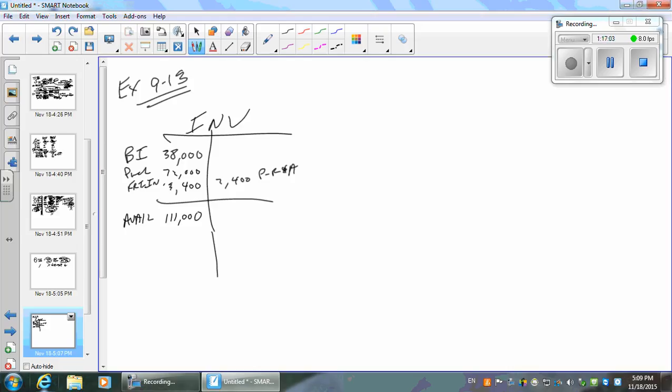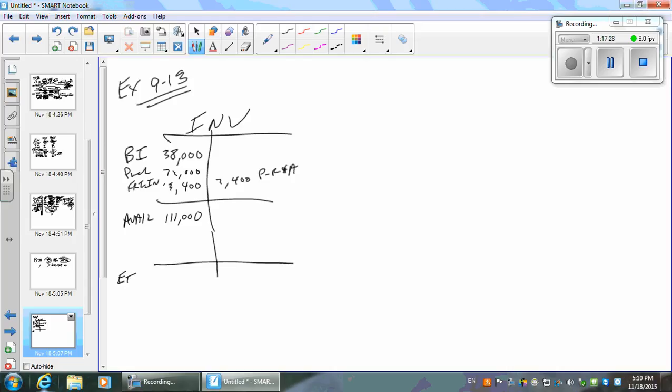Okay. They say goods costing $10,900 were undamaged. Remaining goods were destroyed. Sales are 100,000, and there's 10,900 left. All right.